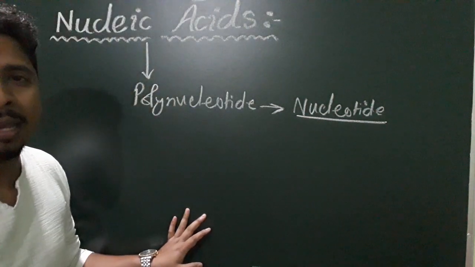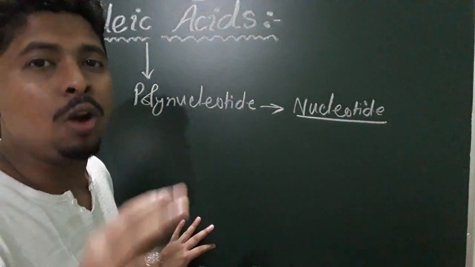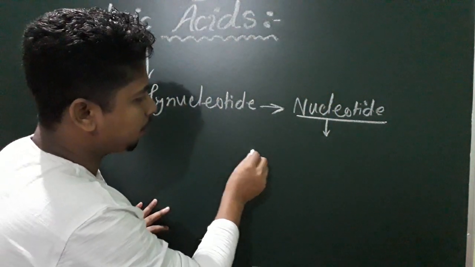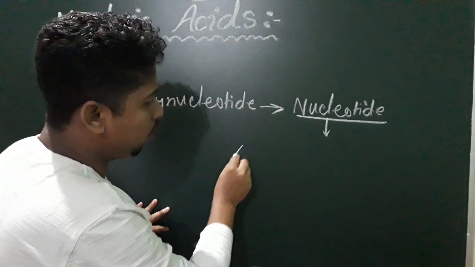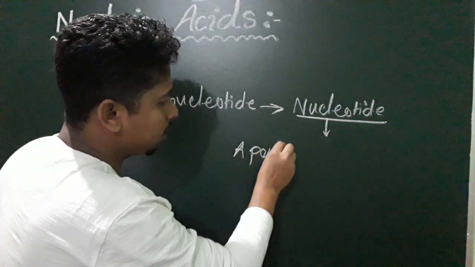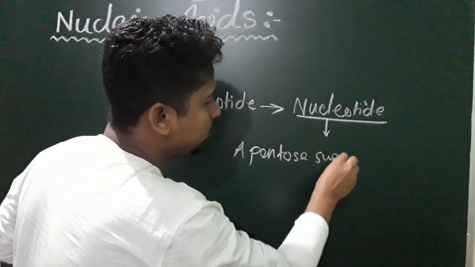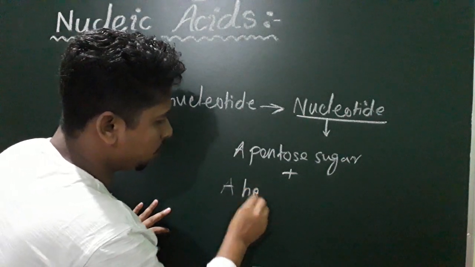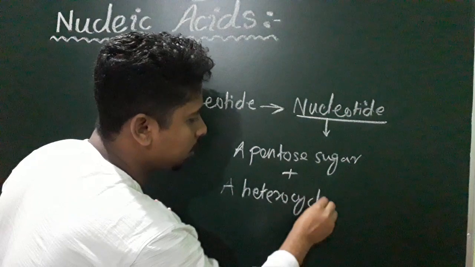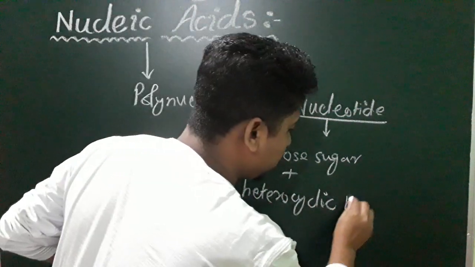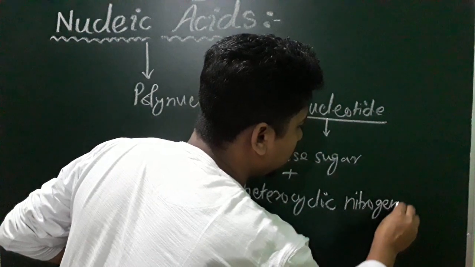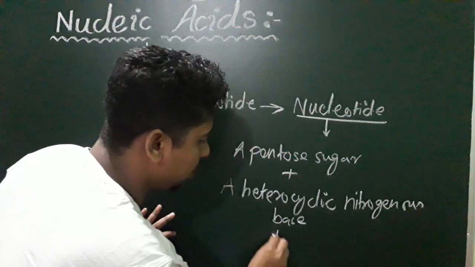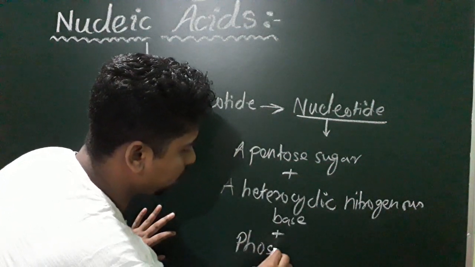What is a nucleotide? A nucleotide consists of three components, or three molecules: a pentose sugar molecule, a heterocyclic nitrogenous base, and one phosphate, or phosphoric acid group.